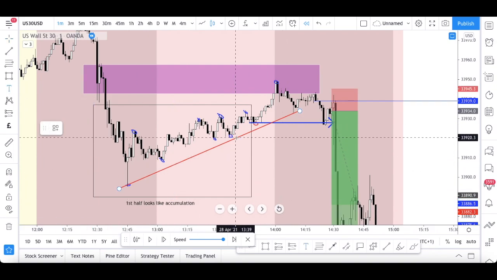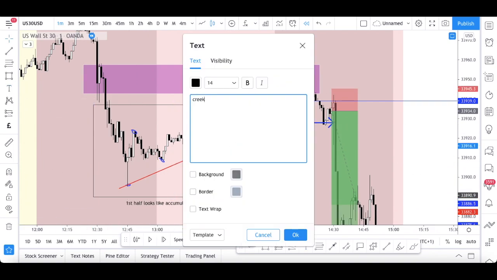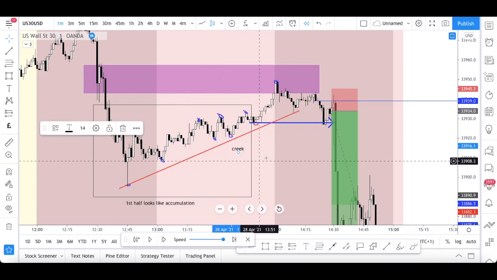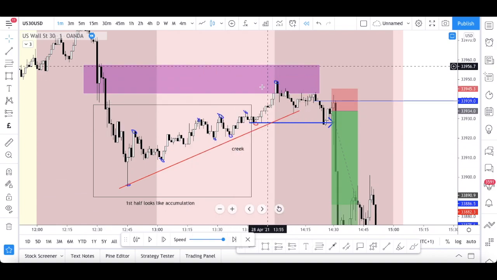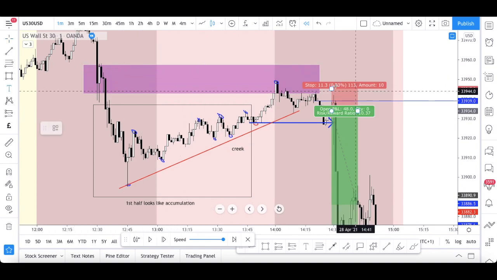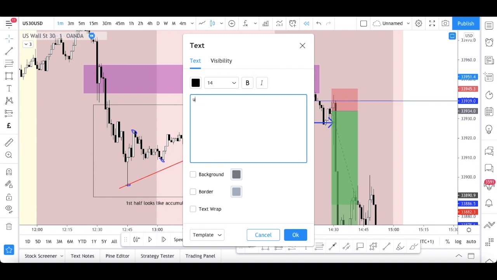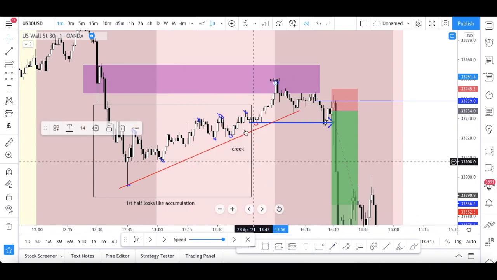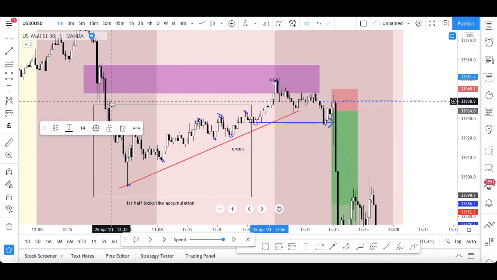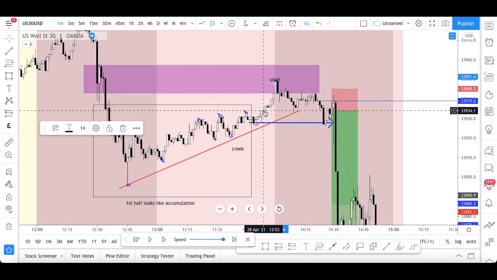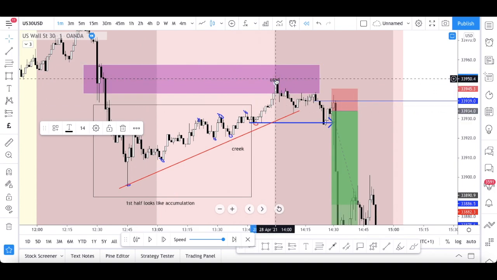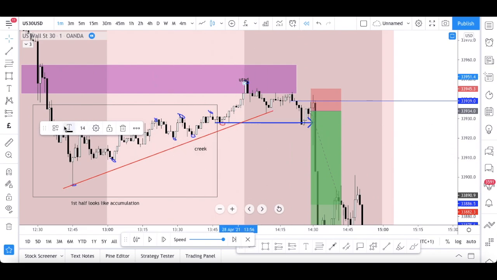We then get the creation of this creek, and then we're waiting to see a positive reaction away from a supply zone, which is where our general UTAD area will be. And it's not always going to be in a supply zone. It could be creating some sort of equal highs, and then manipulating those equal highs and then coming down. It's a similar sort of thing.